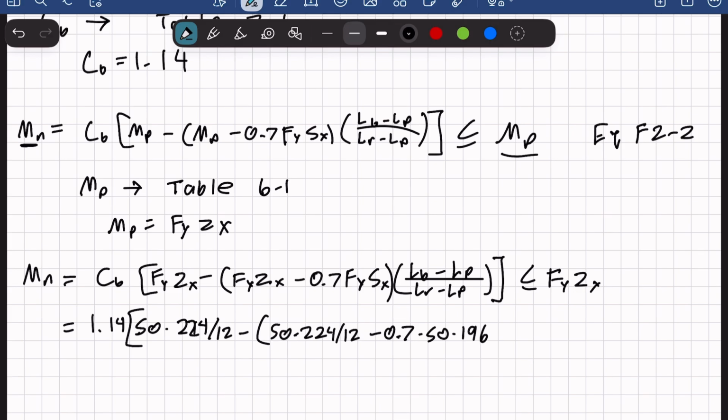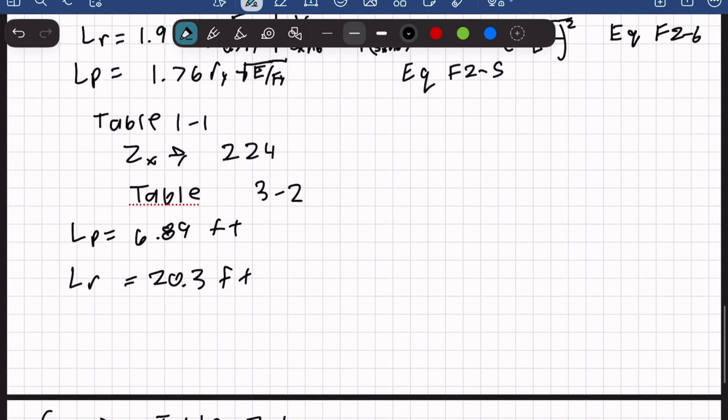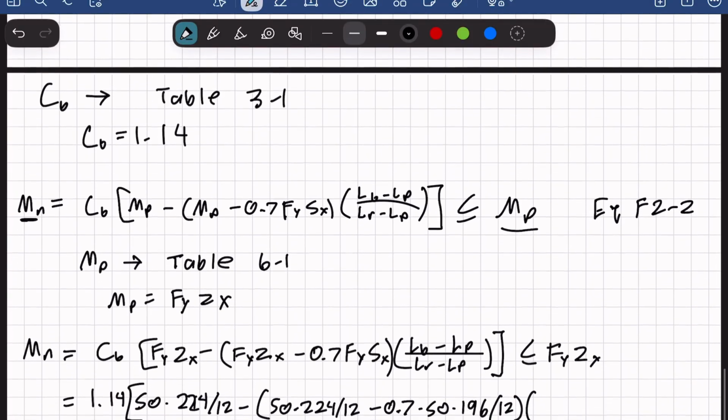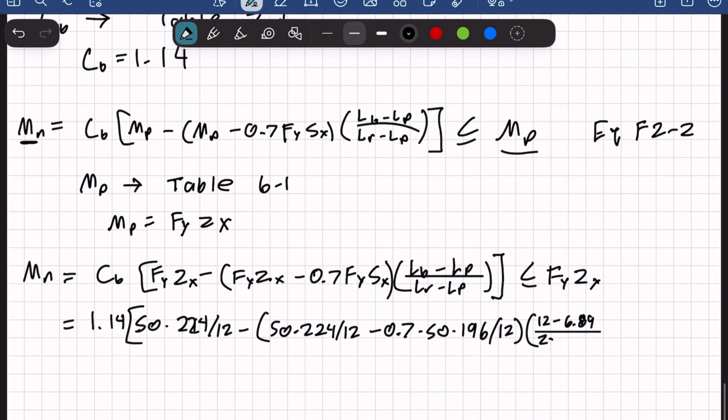And that's all dimensional data, so you can get, well, Fy is not, but you can get that data from Table 1-1. And then we can do Lb minus Lp based off of the values that we were given from Table 3-2. So 12 minus 6.89, and then we will have 20.3 minus 6.89.